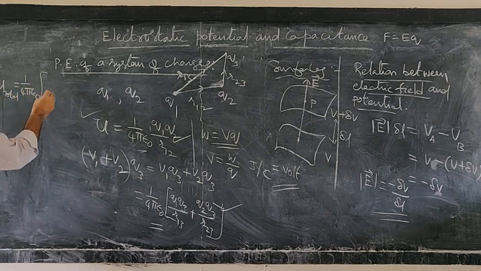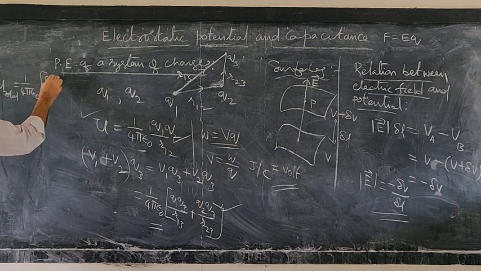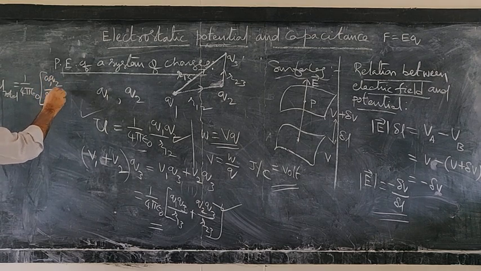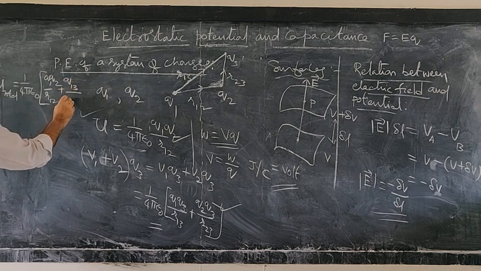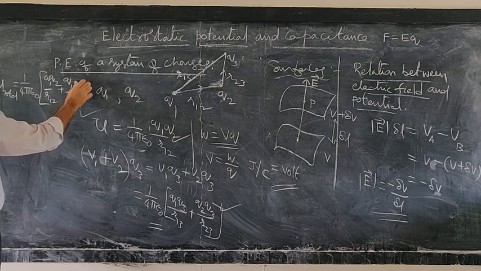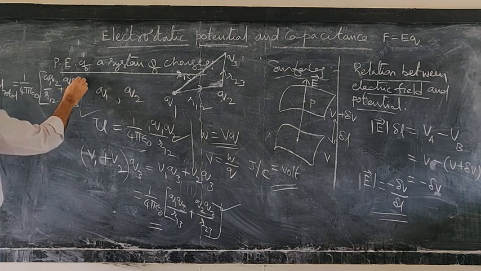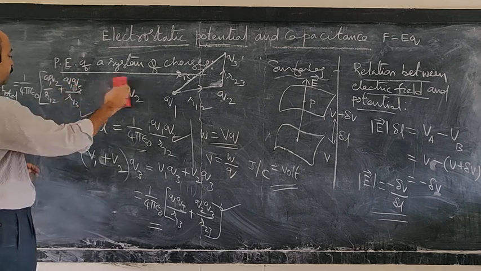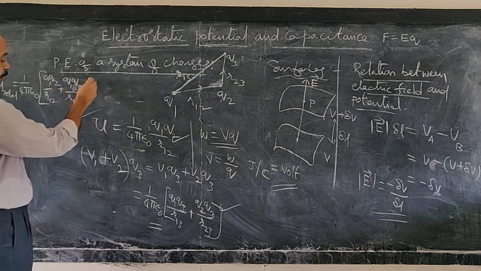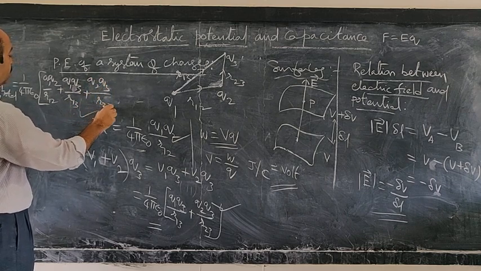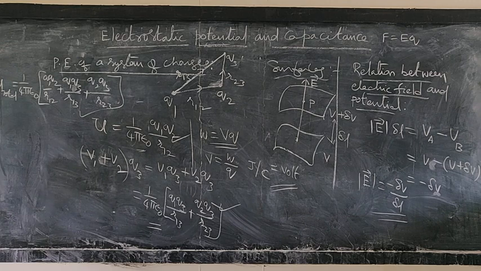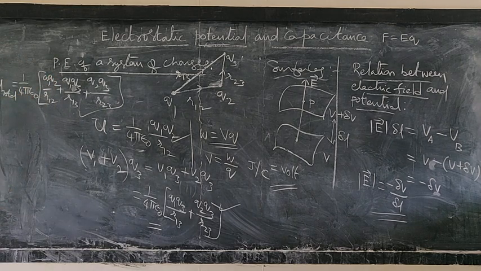Then Q1 Q2 by R12 plus Q1 Q3 by R13 and Q2 Q3 by R23. So that is the total potential energy of the charge system.